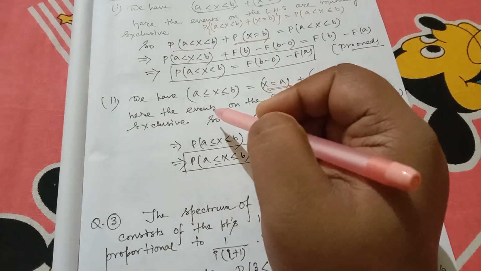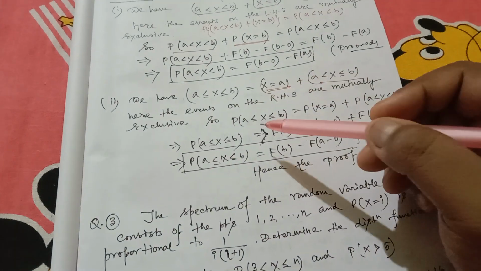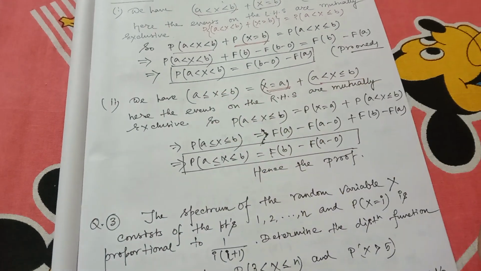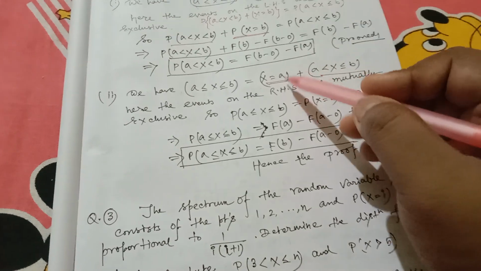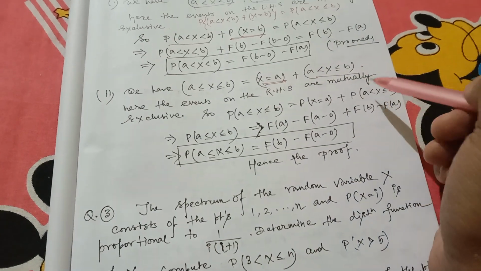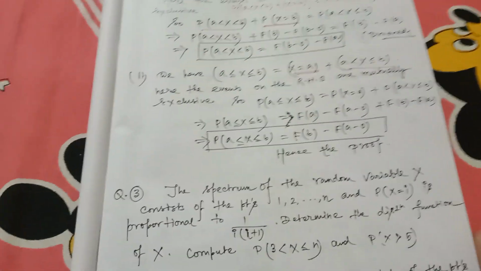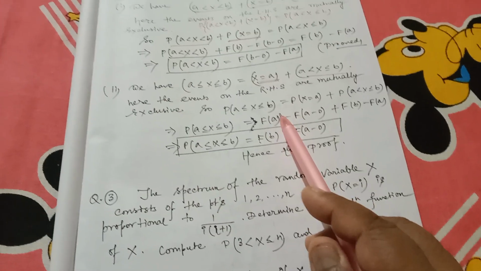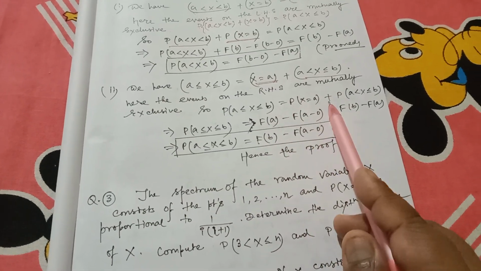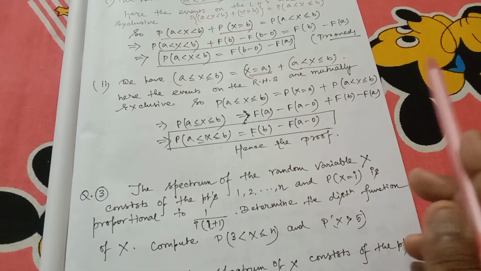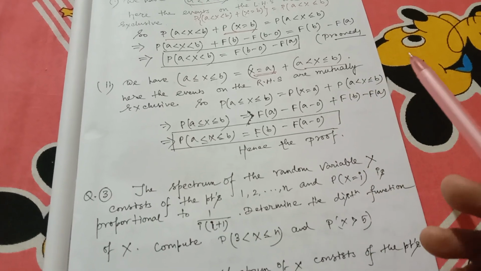So considering probability on either side, that is P(a ≤ X ≤ b), you must have P of this entire expression, but because they are mutually exclusive, you can write the first part as P(X = a) plus the second part as P(a < X ≤ b).